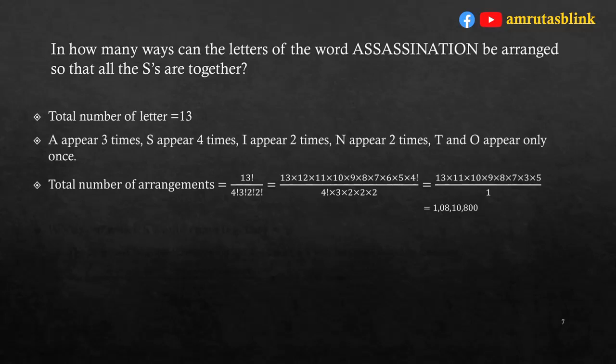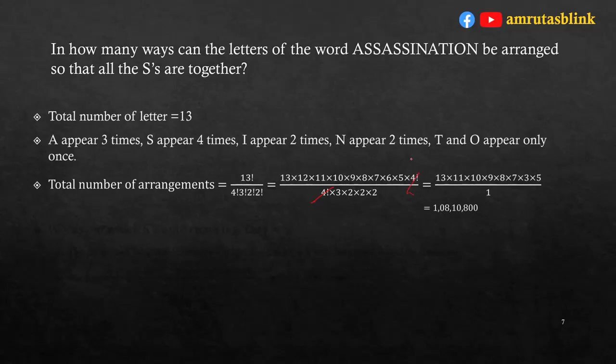So 13 factorial is equal to 13 into 12 into 11 into 10 into 9 into 8 into 7 into 6 into 5 into 4 factorial upon 4 factorial. 3 factorial we will split as 3 into 2 and 2 factorial is 2 into 2.